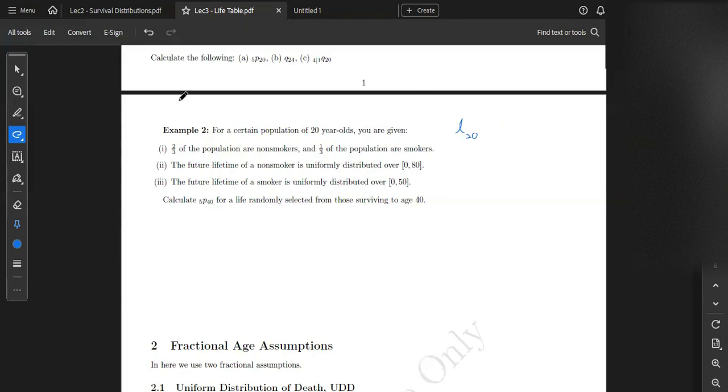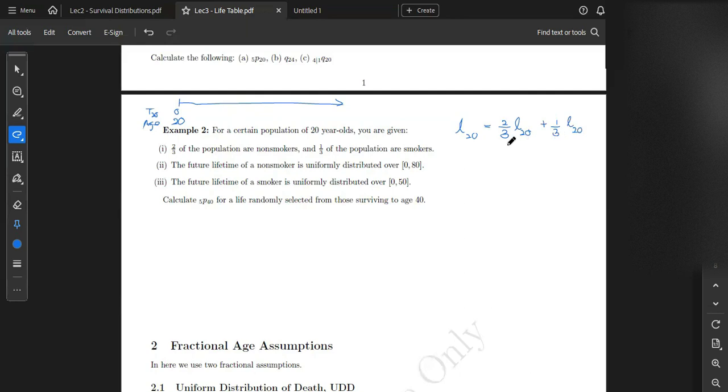So our timeline at age 20, future lifetime starts at 0. So it goes like this. And at the beginning, we can say we have 2/3 of L20 for non-smokers and 1/3 of L20 for smokers.